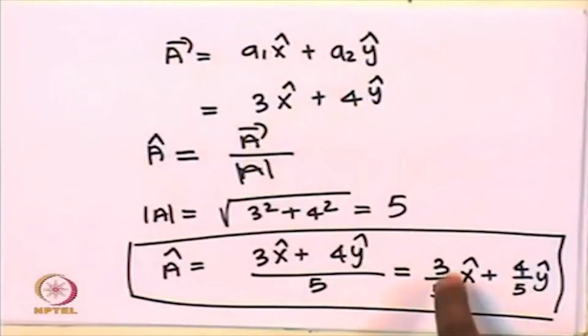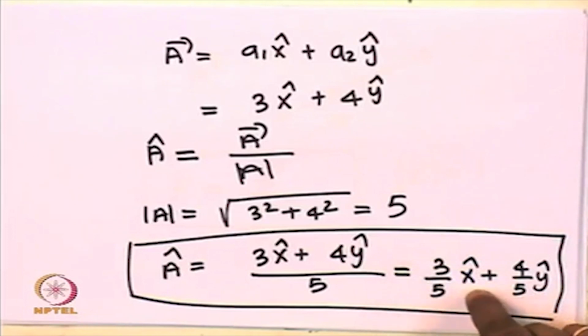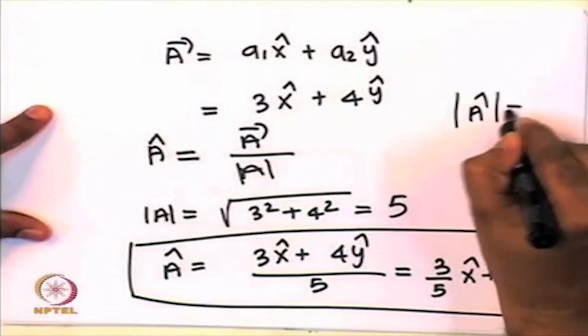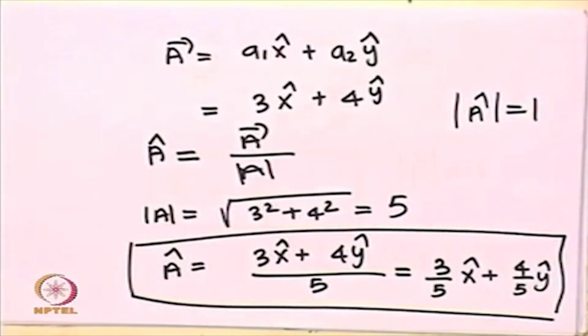Similarly, here, 3 by 5 is a number, so this much you have to go along the x axis, and 4 by 5, which is another number, is this much along the y axis. If you go this way, you will get the direction of the vector A. Now, as we said, the mod of A cap has to be 1, that is the definition of A cap.